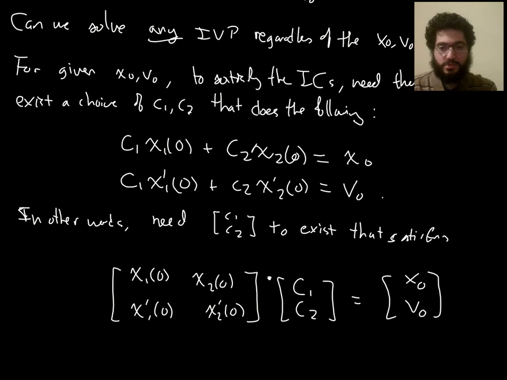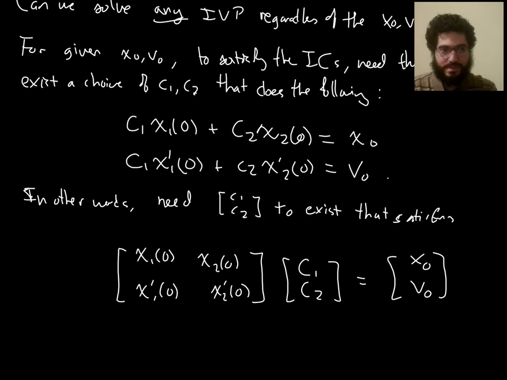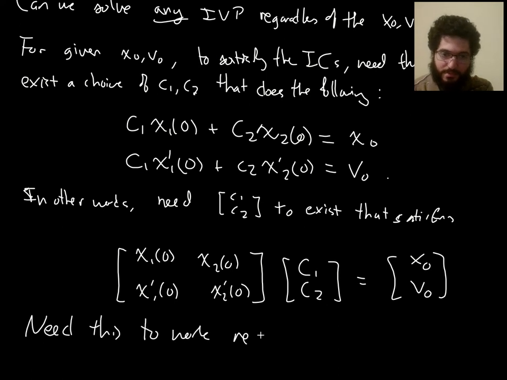And we need this to work regardless of what the right-hand side is, right? So for given initial conditions x naught, v naught, in order to satisfy the initial conditions, we need there to exist C1 and C2 to make this true. But we need that to work regardless of the right-hand side. So we need this to work regardless of what x naught, v naught are.